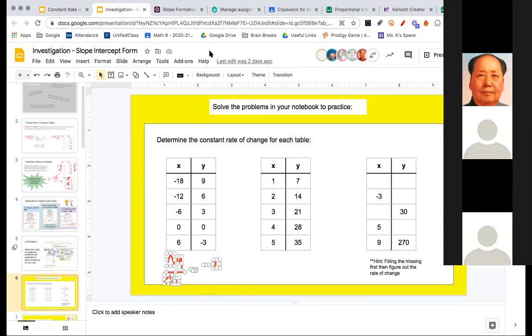9 times 2 is 18. Yep. And then 6 times 2 is 12. Yep. And then 3 times 2 is 6. Absolutely. So you are totally correct. Do you see how my arrows are coming from the output to the input? Yes. So we want to flip it around.